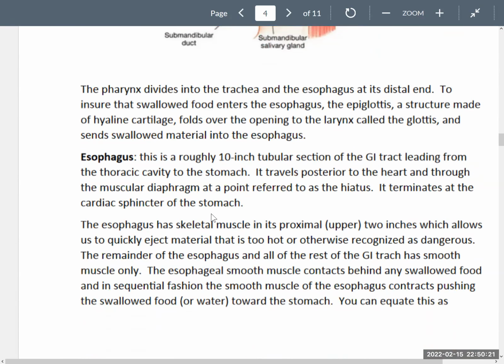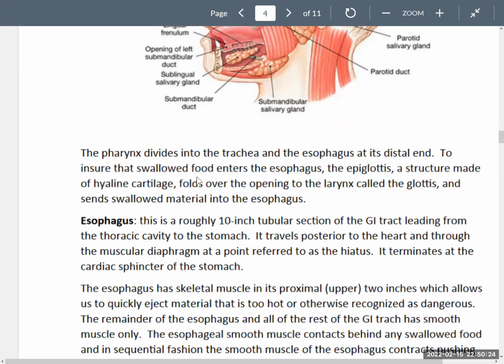Now, when you swallow something, the food at first has an opportunity to go down your trachea, which you don't want, or go down the esophagus, which you do want. So the trachea is closed off by the epiglottis during swallowing. And I mean swallowing of food or also liquid.